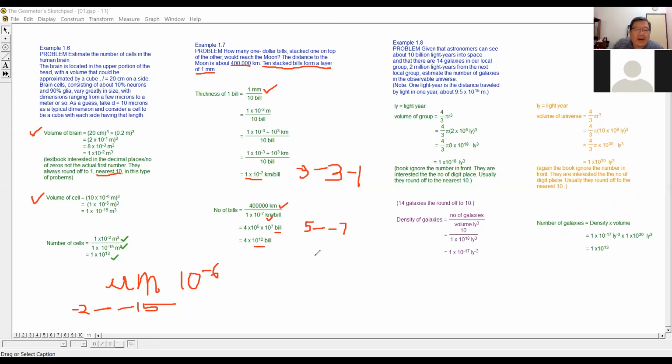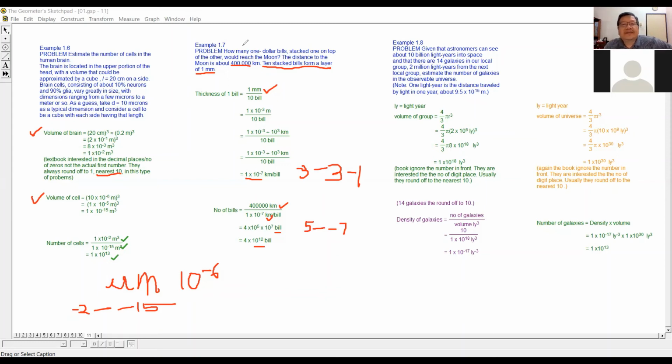So the number of $1 notes is 4 times 10 to the power of 12. 4 times 10 to the power of 12 is actually 4 trillion. According to the book, this is roughly the debt of that country.